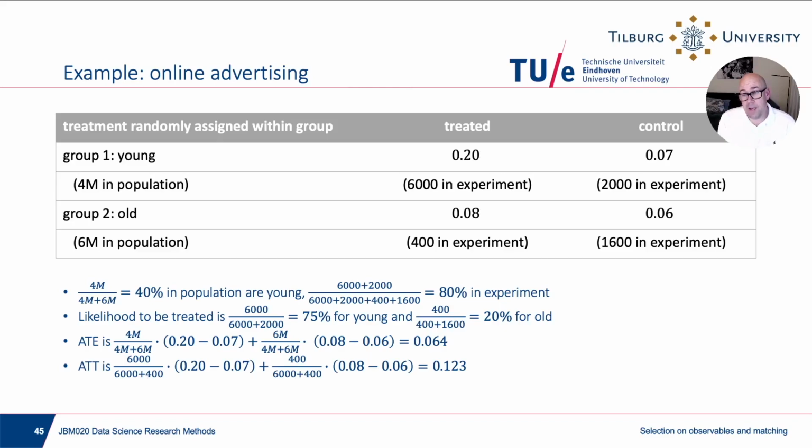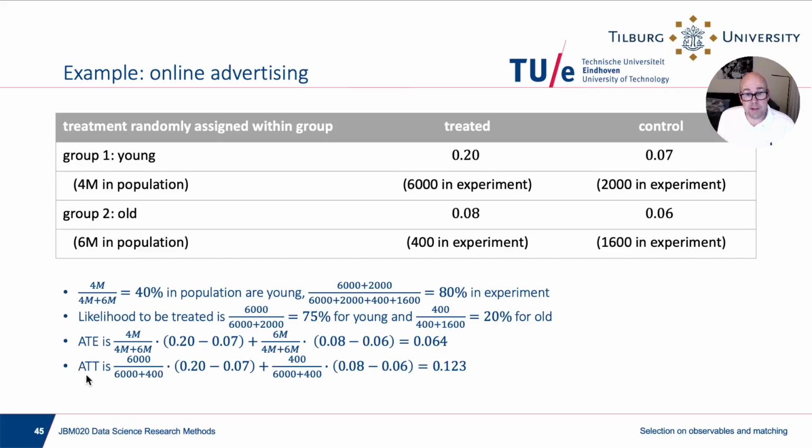Okay, so if before they receive the treatment, the likelihood that a random person in the population, say, buys the product or visits the website is 5%, then this would increase by 6.4 percentage points. So it would be 5 plus 6.4, so it would be 11.4% when they receive the treatment.